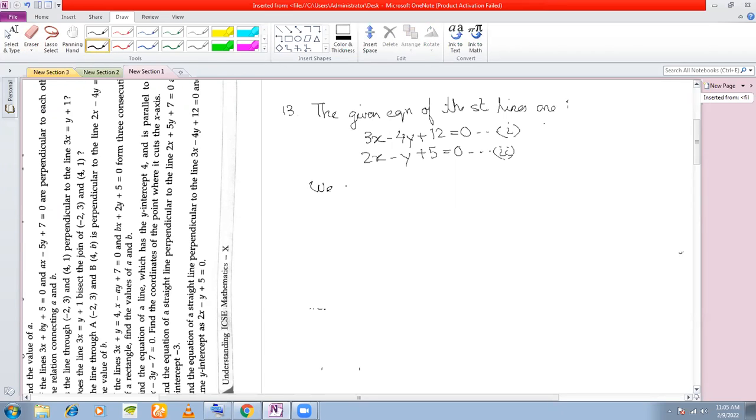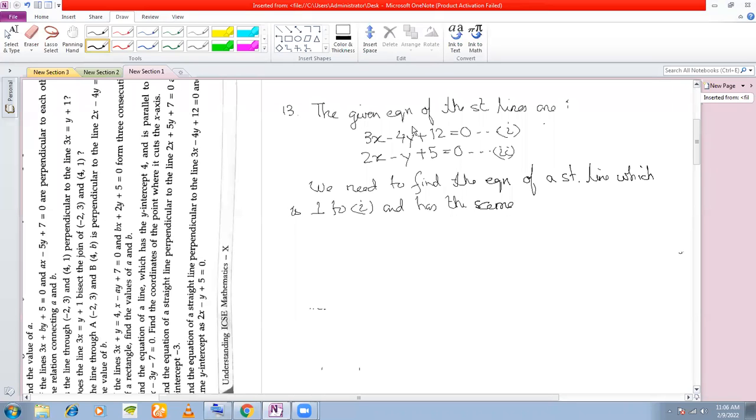We need to find out the equation of a straight line which is perpendicular to 1 and has the same y-intercept as 2. Okay.